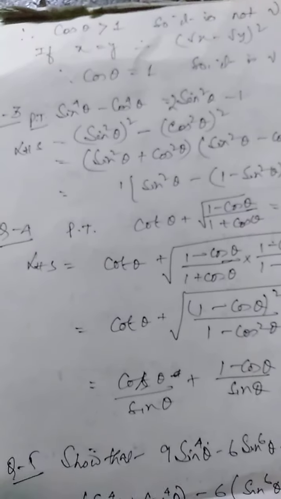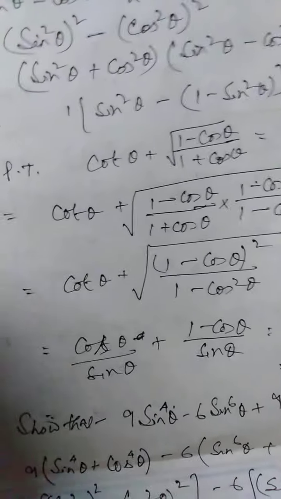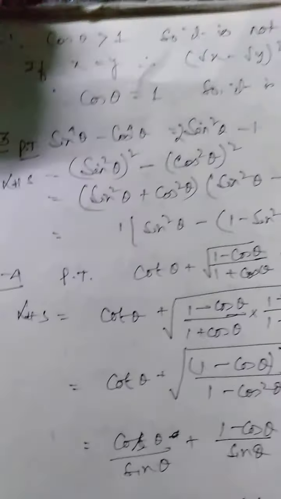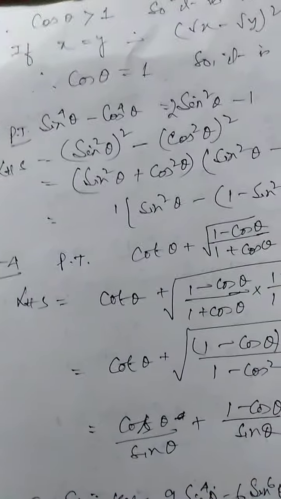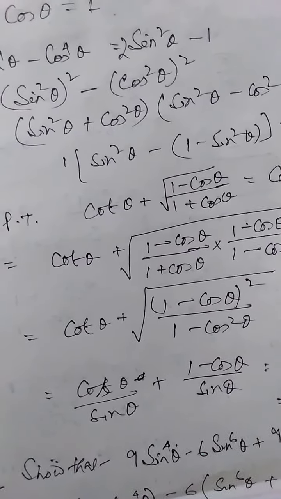Why is cos theta equal to 1? Because this part is becoming 0, and so it is valid. So this relation is valid only if x is equal to y.